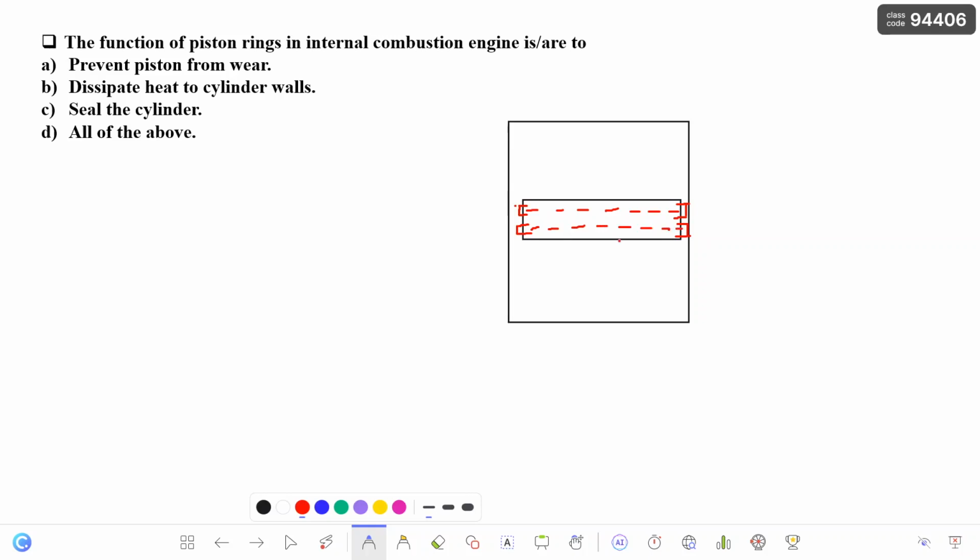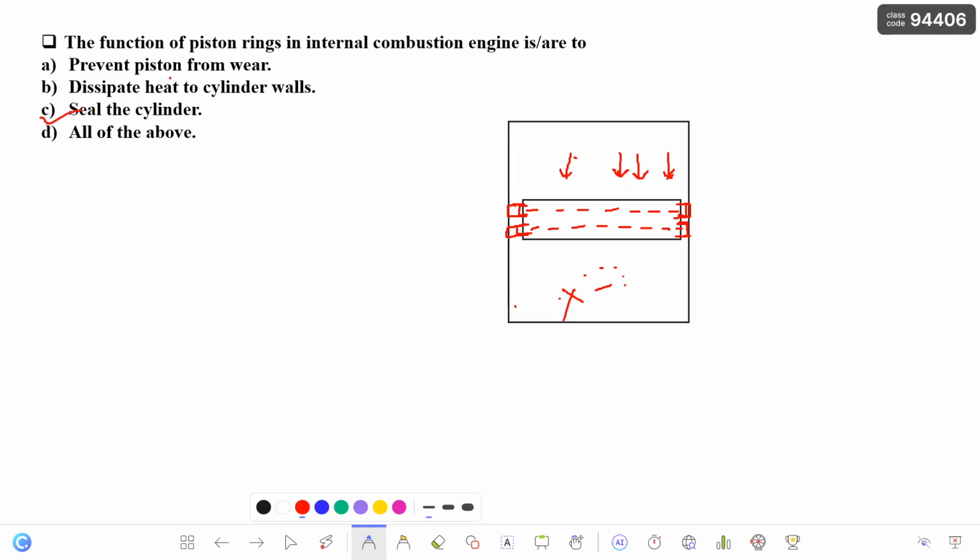A similar function is that of a piston ring. One function is that the piston rings make a gas-tight joint. The combustion gas cannot escape past the piston and come towards this side. So one thing is it will seal the cylinder.